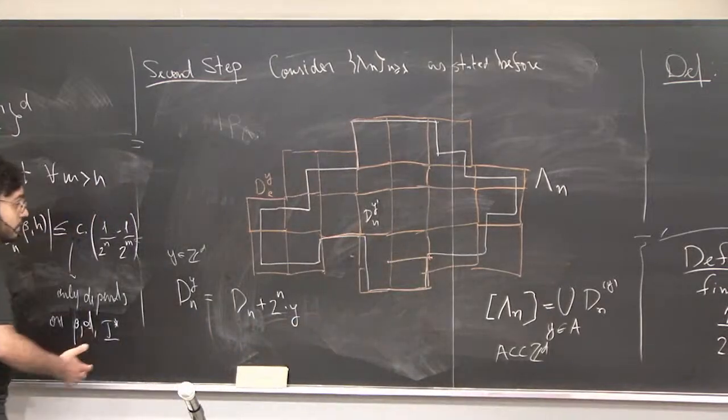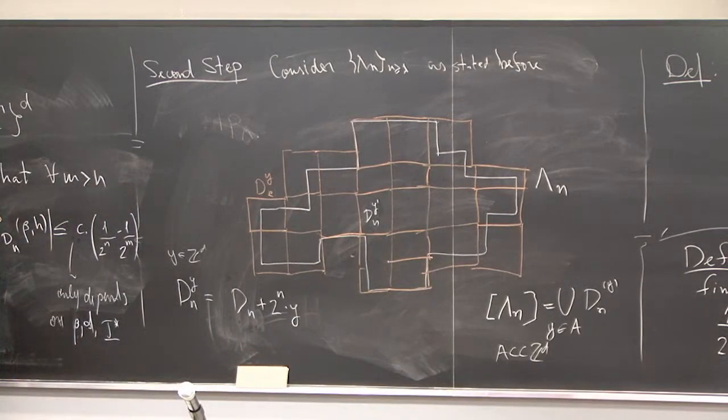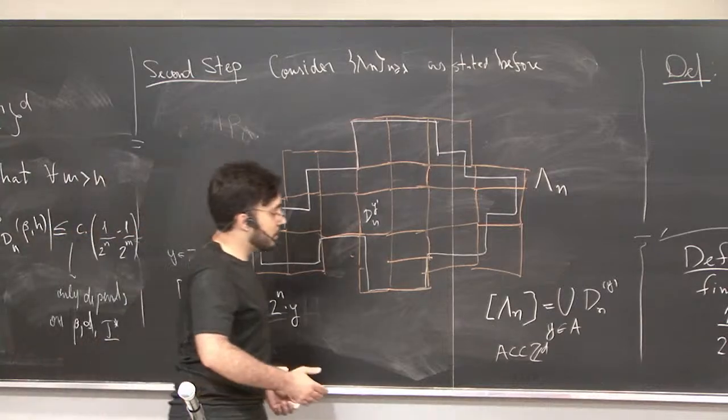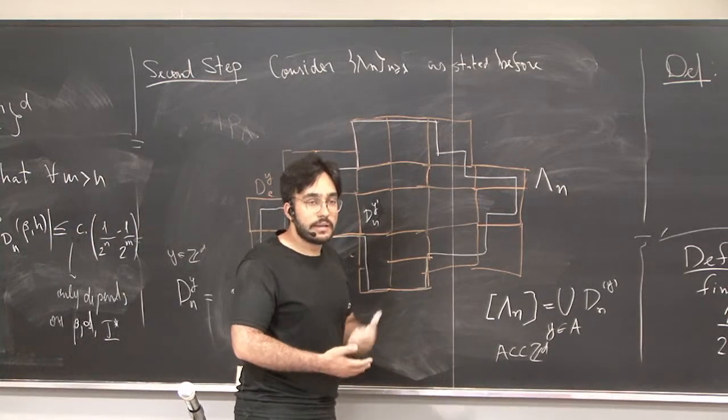But not only this, I will take A as a very special set. I want A to be the minimal one that covers the cube.